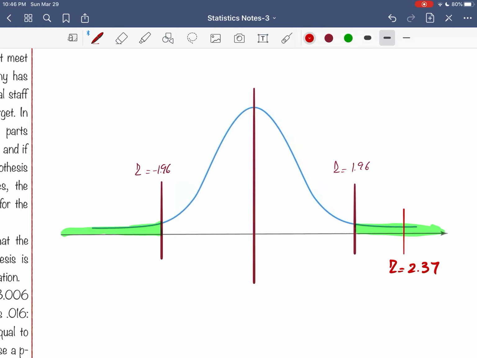The p-value is exactly this area right here, everything after your sample average, the standard normal value of your sample average. And so what is the area underneath the curve there? That's a bit of a tricky sort of calculation to do.